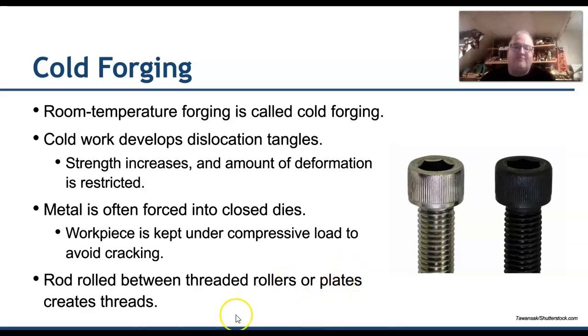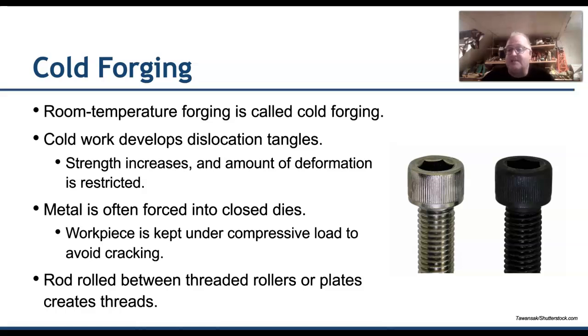We also have cold forging done in this. There are some differences between the hot forging process and the cold forging. We get an increase in strength, and the deformation basically is restricted.